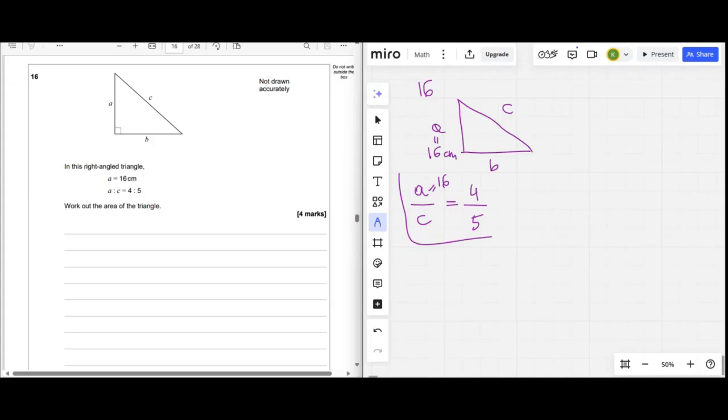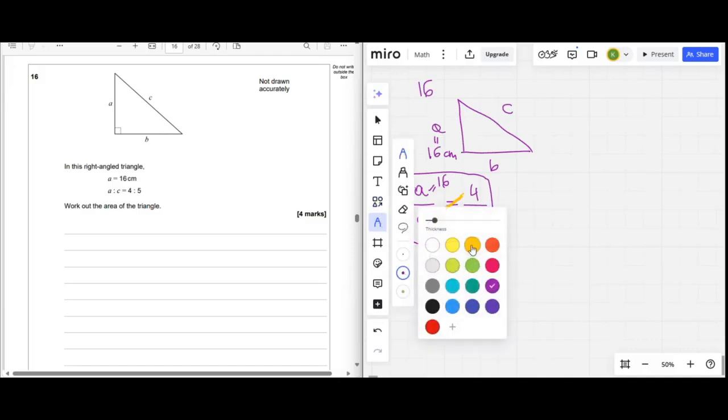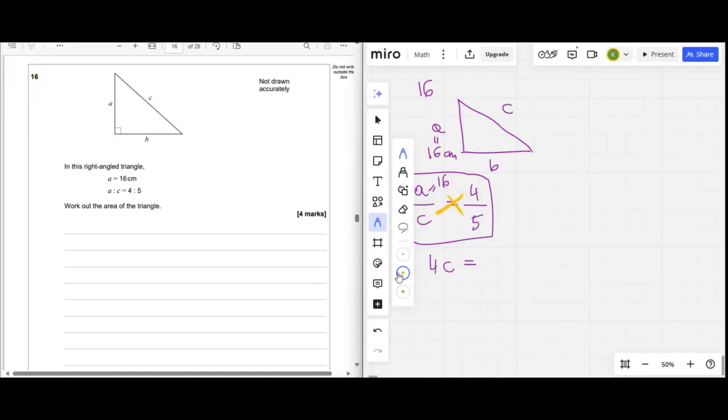This allows us to do cross multiplication because those values are proportionate to each other. So 4 times C must be equal to 16 times 5. So 4C is 80. So C is 20.